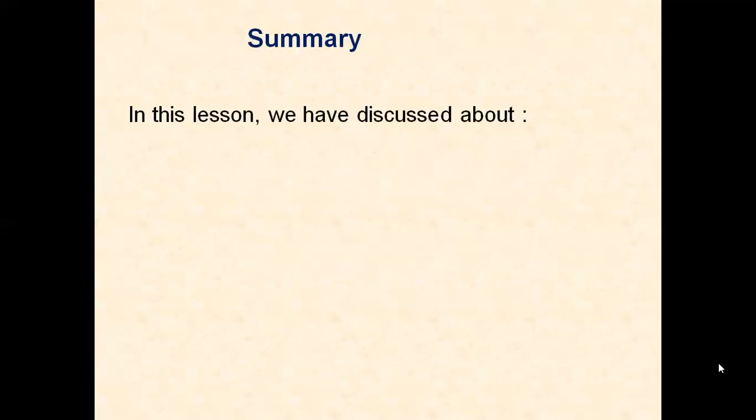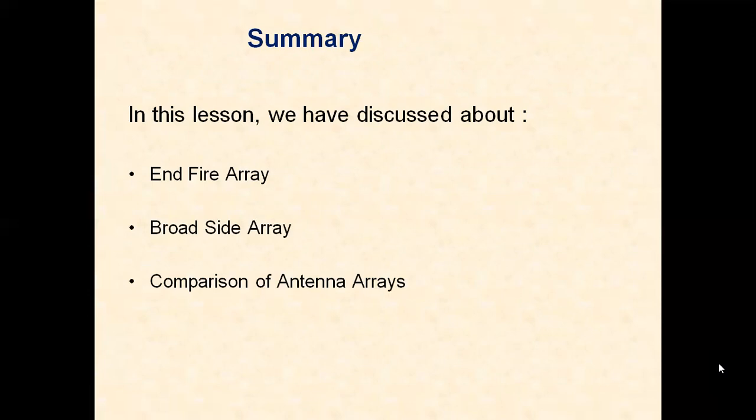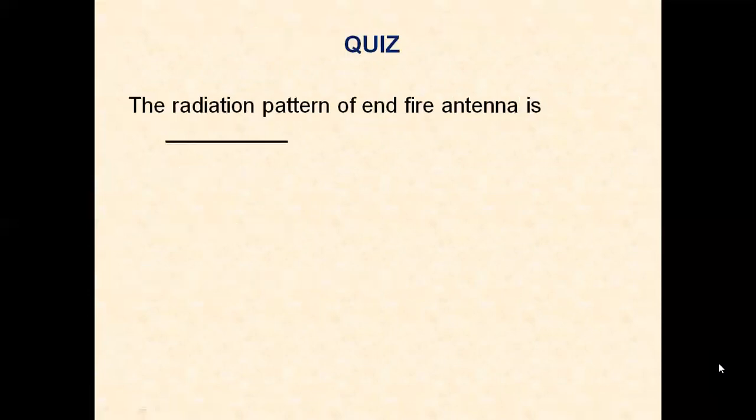In this lesson, we have studied end-fire array, broadside array, comparison of antenna arrays, and we also studied the binomial array. So in this class, after analyzing, you must be able to answer these quiz questions. The radiation pattern of end-fire array is unidirectional.